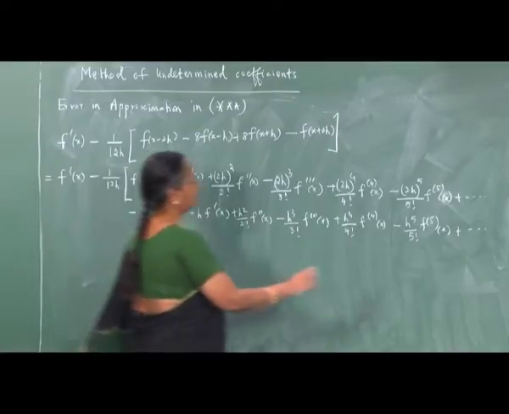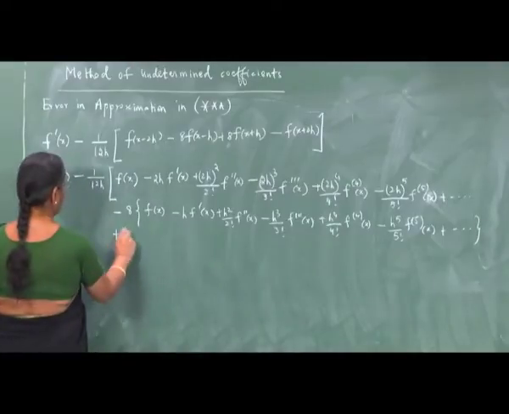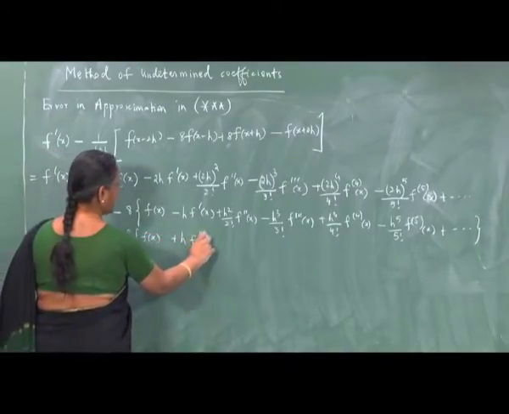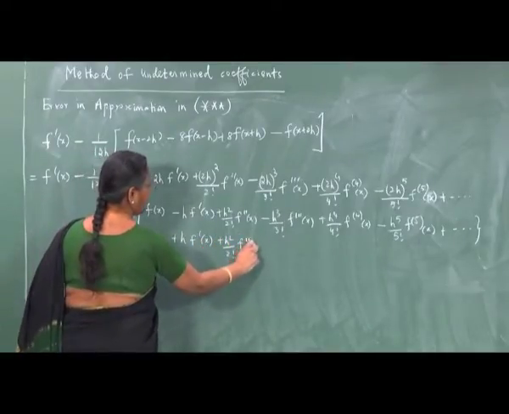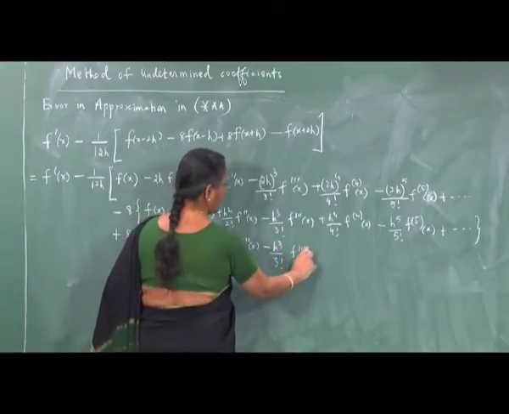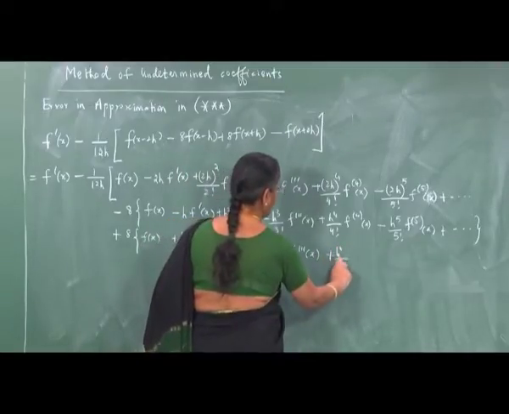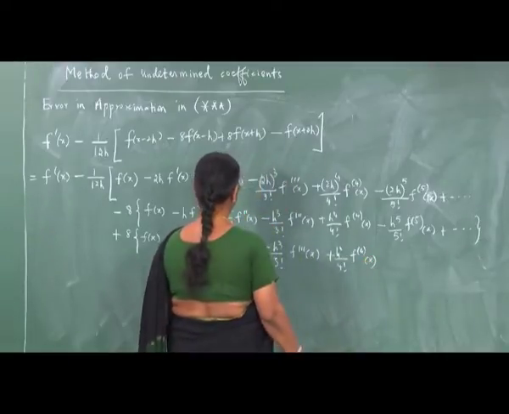Then I shall write down the next term plus 8 into f of x plus h f prime x h square by factorial 2 f double prime x minus h cube by factorial 3 f triple prime x plus h power 4 by factorial 4 into fourth derivative at x.